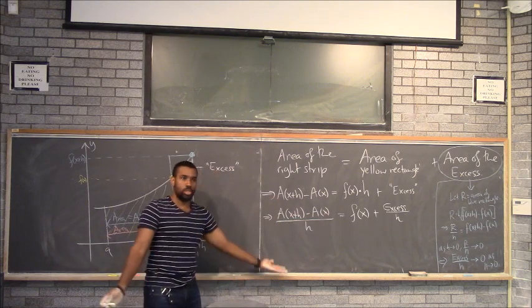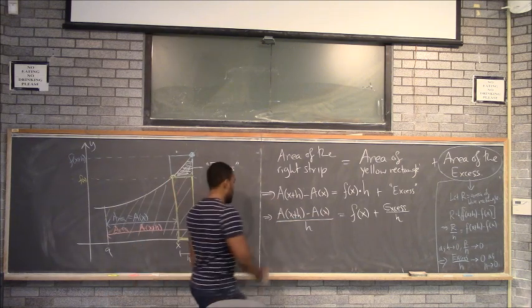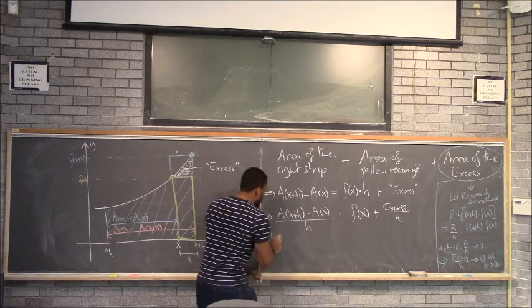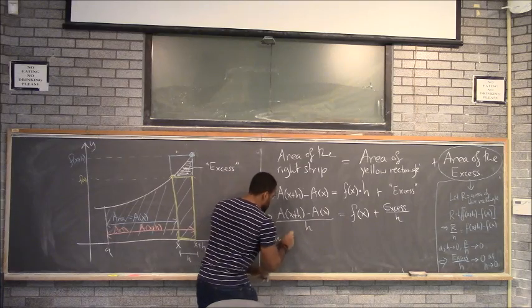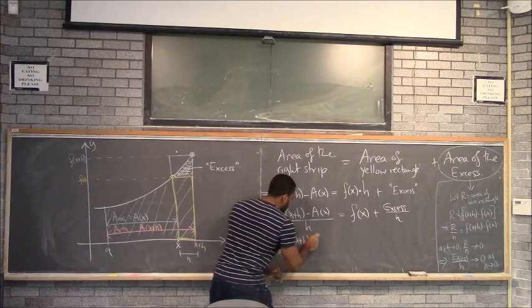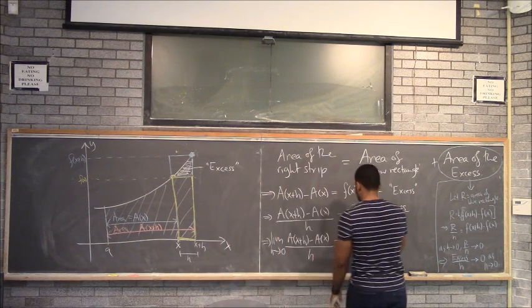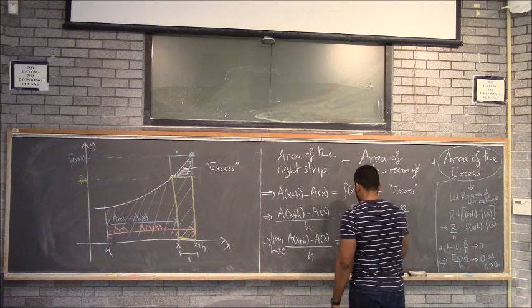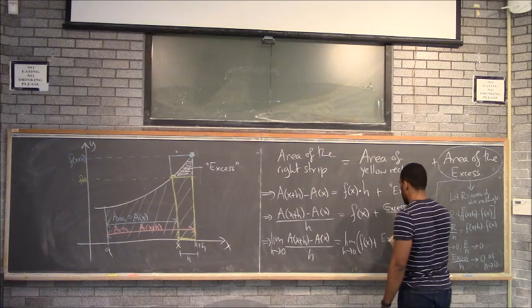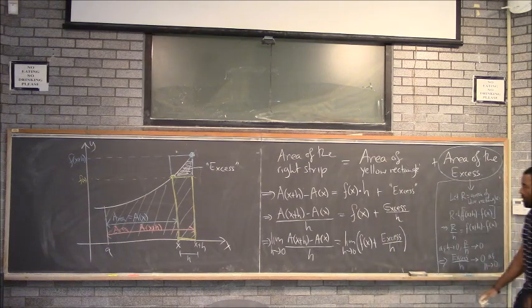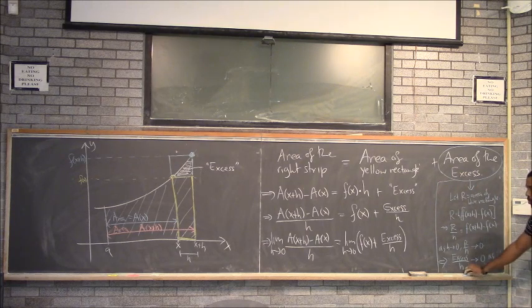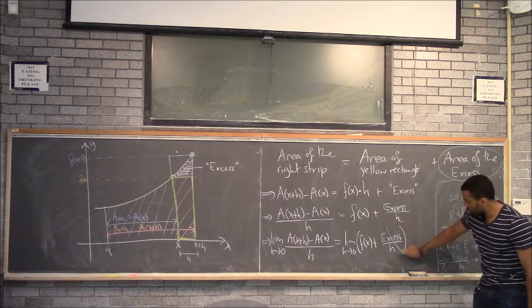That is a difference quotient for the function A. And guess what happens if I let h approach 0 of a difference quotient with denominator h? What is going to happen? Well, as h approaches 0, the excess over h is going to go to 0.